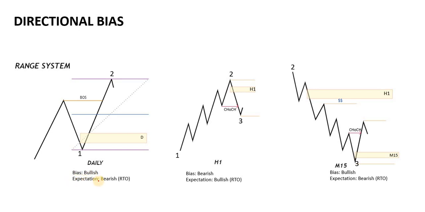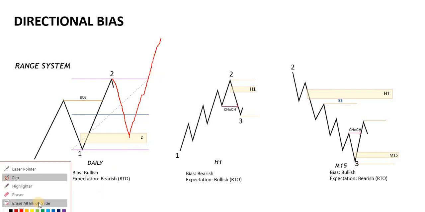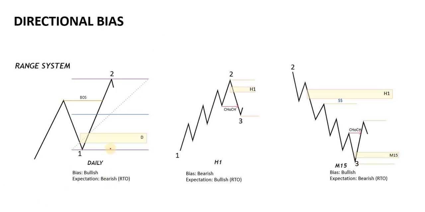What is our expectation? We expect that price will trade down to maybe this other block to continue the bullish move. So our expectation after a bullish break is always a bearish retracement or return to origin, RTO.